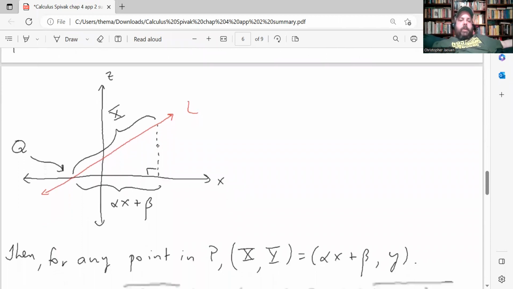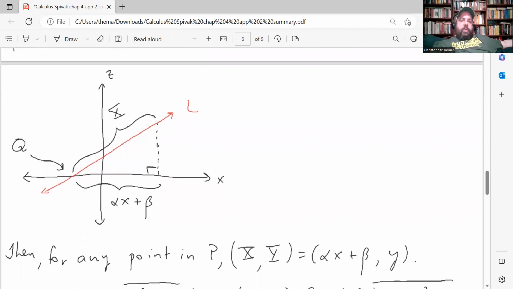All right, so on the axis L, if this distance from Q to this point, which I'm calling capital X, if this distance is capital X, we can write that distance as a function of the original x coordinate of our original x axis.